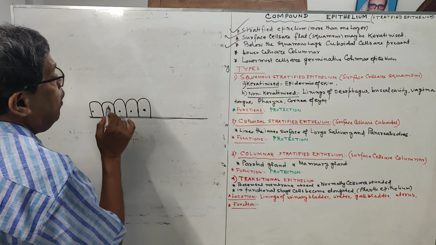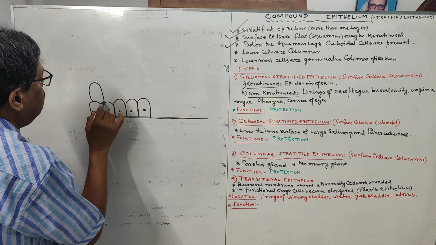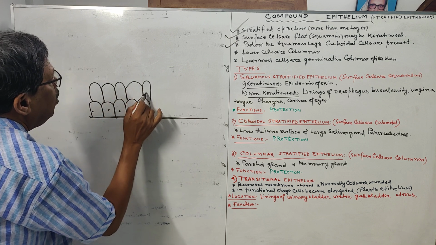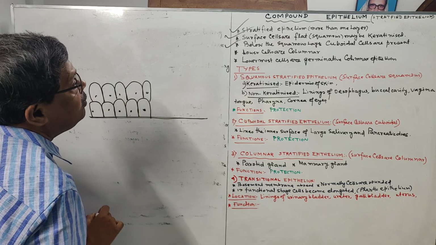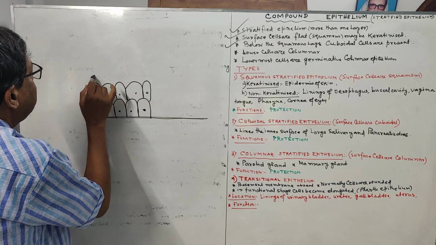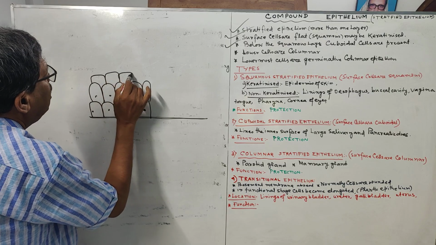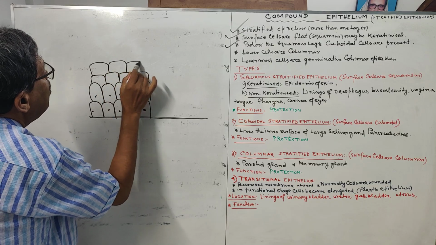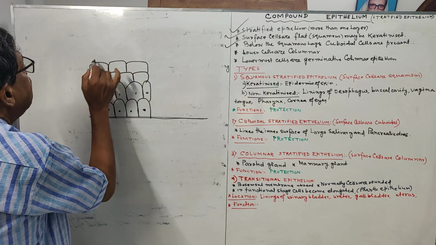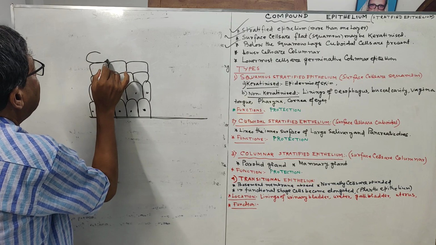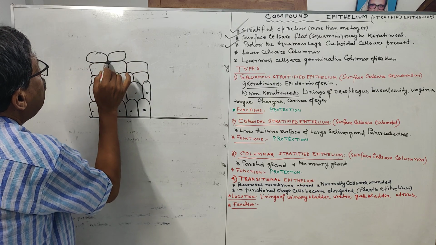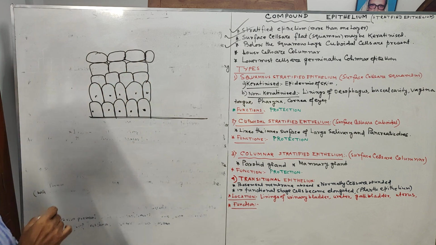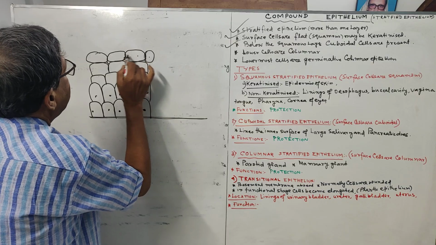Next, these cells are also columnar epithelia. Next, cells below are cuboidal epithelia. Next, that is squamous epithelia, which may be keratinized or not.